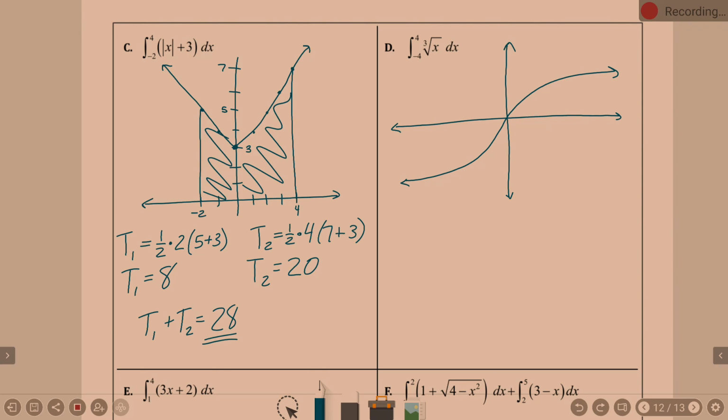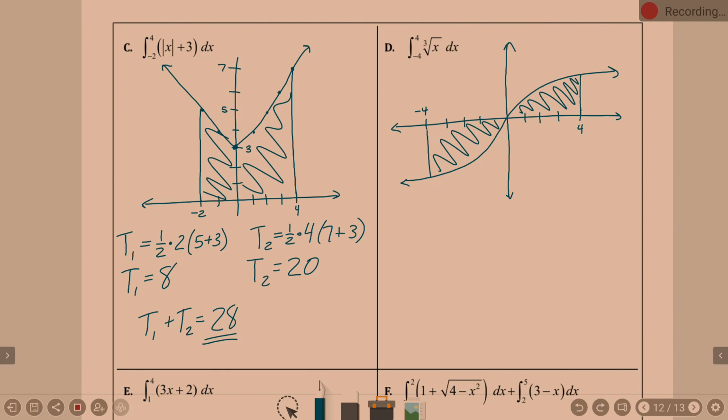Approximate sketch. We're going from -4 to +4. 0. I agree with that. Because it's positive.